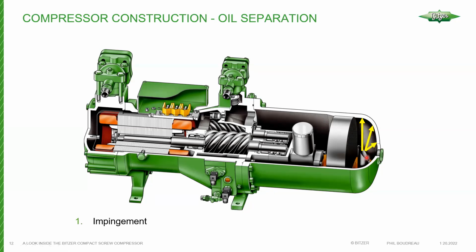So the oil laden refrigerant leaves this pipe here. There are different designs depending on the compressor configuration, the body class or body style. But we have impingement against the shell. There is some centrifugal force that takes place due to the positioning of the discharge of this pipe here.